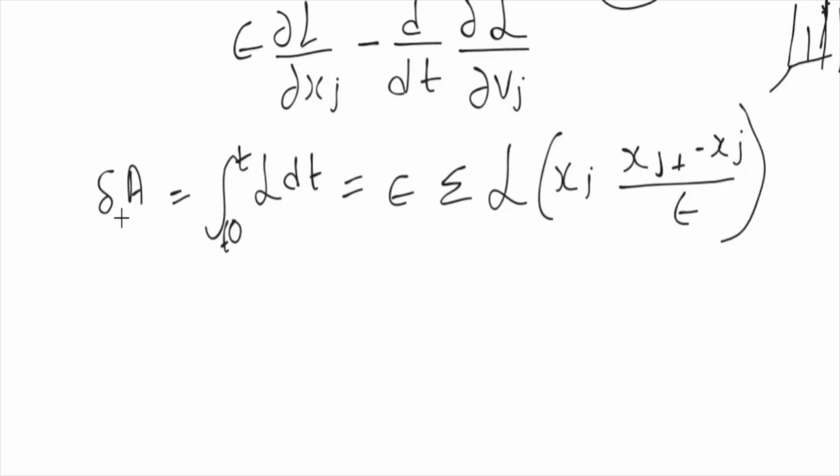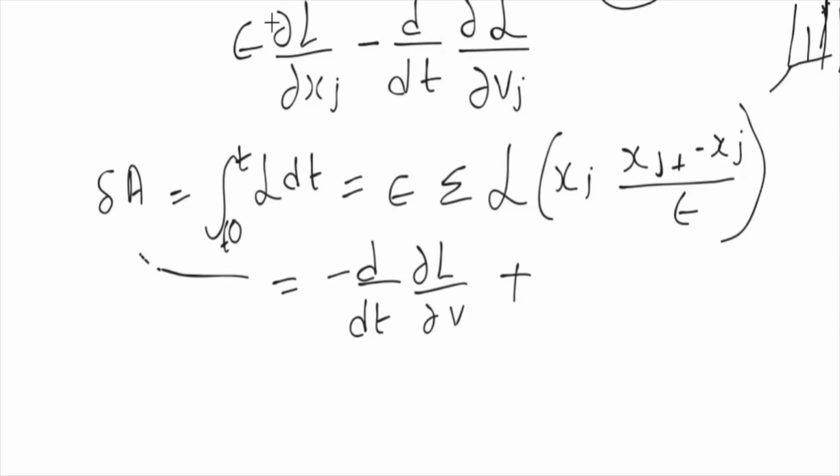So what is the value of this? This comes out to be this. It means this del A is equal to minus d by dt of del L upon del V plus del L upon del X.